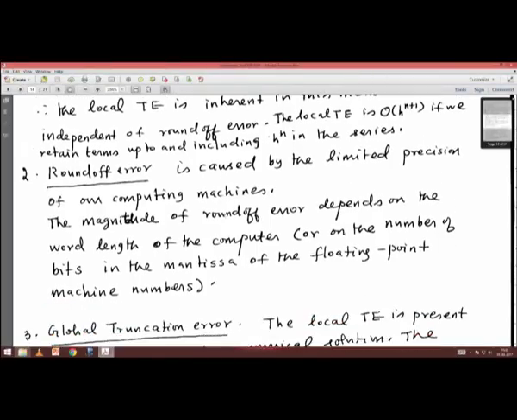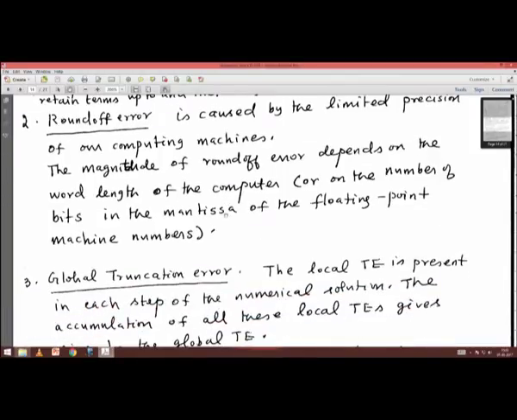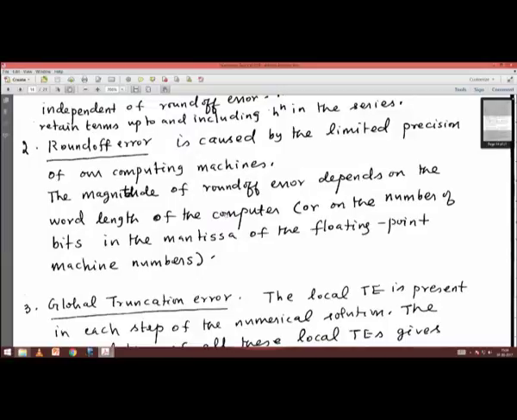And it is independent of the round off error, and the local truncation error is said to be of order h power n plus 1 when we retain terms up to and including h power n in the series. This is the first type of error that we come across when we apply this Taylor series method to solve our initial value problem.